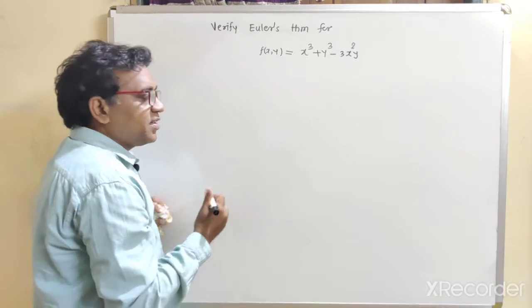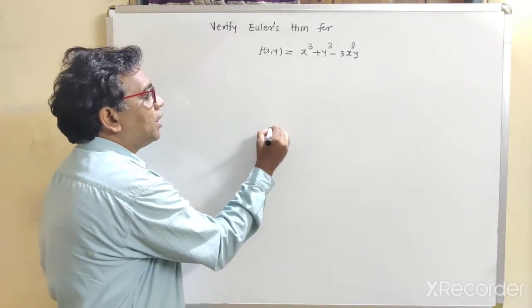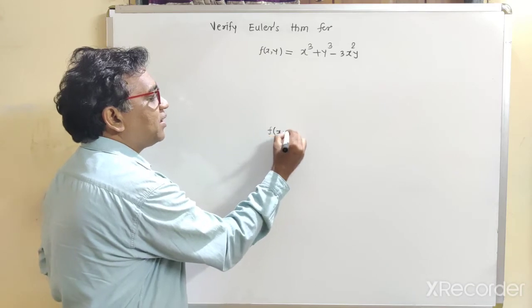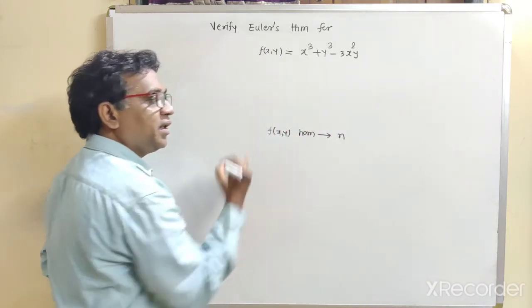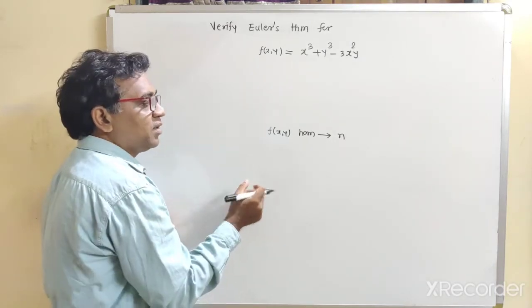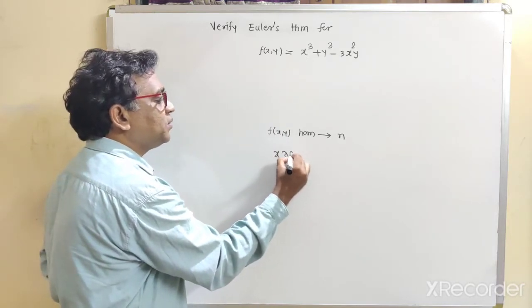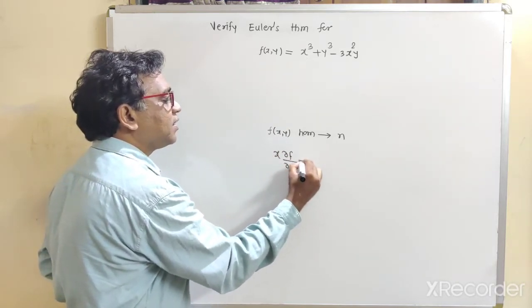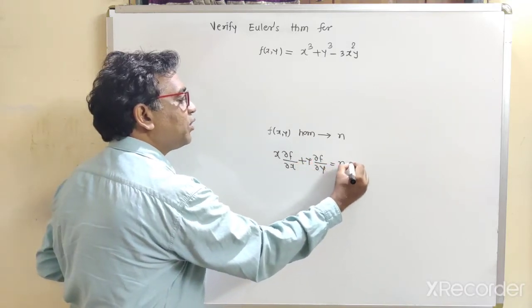Now see what Euler's theorem is. What is the statement of Euler's theorem? If f(x,y) is a homogeneous function of degree n, then Euler's theorem says that x into del f by del x plus y into del f by del y is equal to nf.